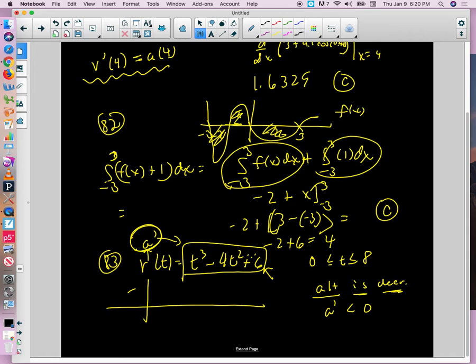So I'm going to my y equals, and I'm typing this in as an x cubed minus 4x squared plus 6. And I'm only going to look at it from 0 to 8. So I'm changing my window from 0 to 8.